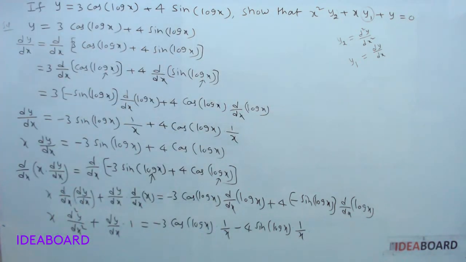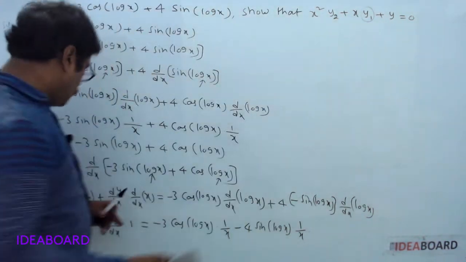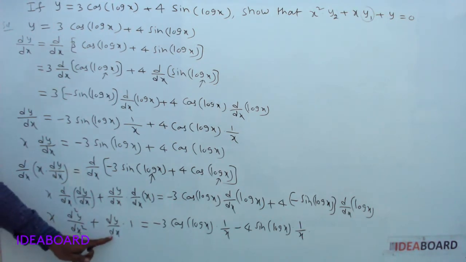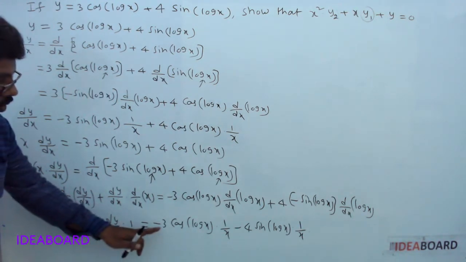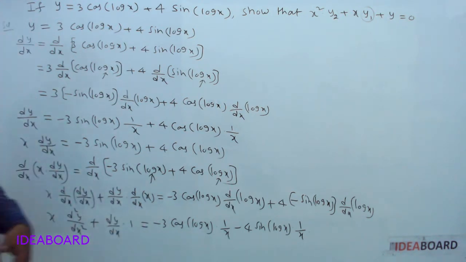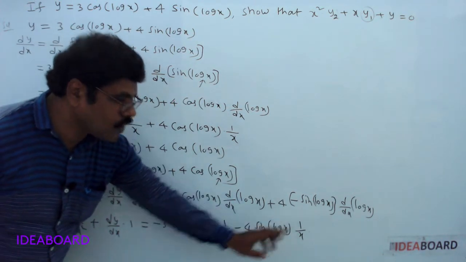Now if you observe the previous equation, x into d square y by dx square plus dy by dx equals minus 3 into cos of log x into 1 by x minus 4 into sine of log x into 1 by x.